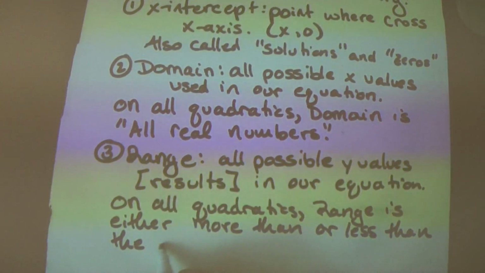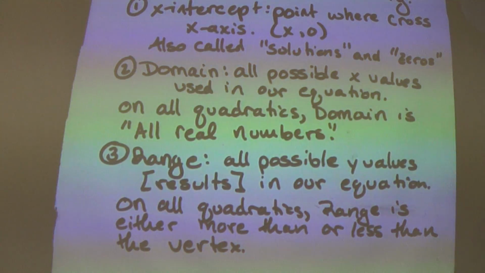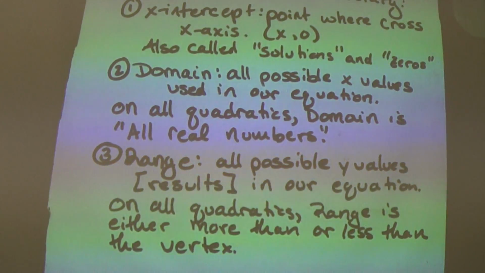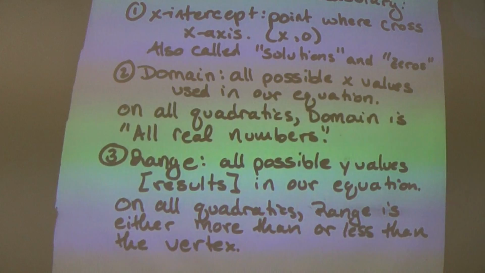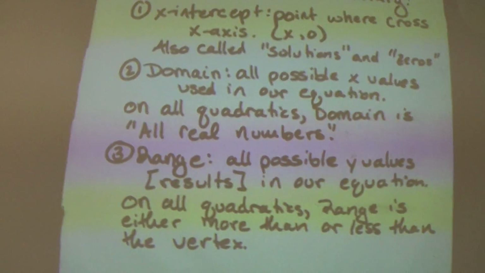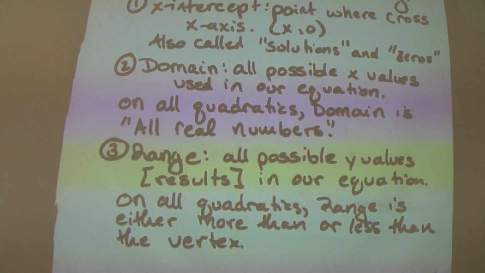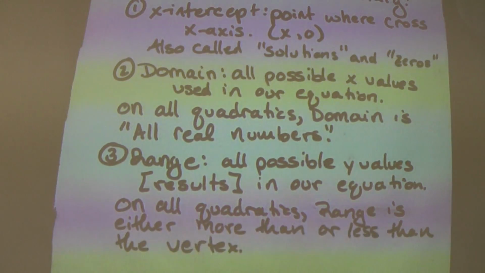Because you're going to be either a smiley face or a frowny face. So if I'm a smiley face, then all my possibilities are going to be from the vertex up. If I'm a frowny face, then all of my possibilities are going to be from the vertex down. Okay? Questions there?